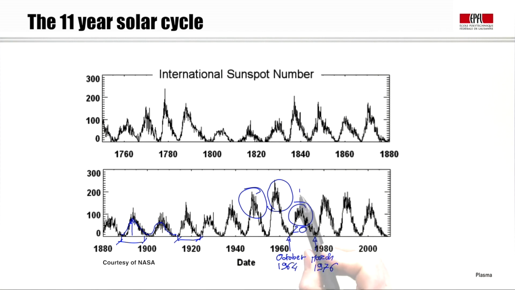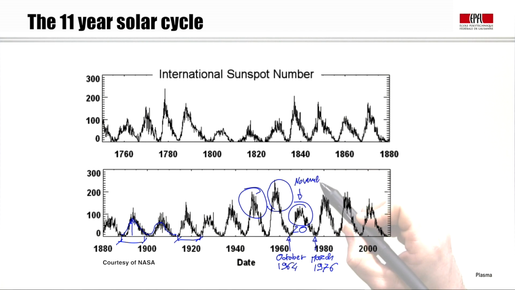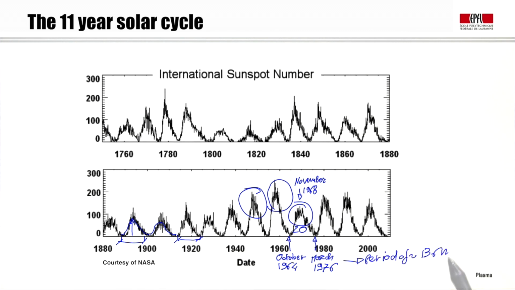In this solar cycle, the maximum of activity was reached in November 1968. The period of the sunspot cycle is defined as the time elapsed between these two minima of activity. For example, for the solar cycle 20, it was 136 months, which corresponds approximately to 11 years.